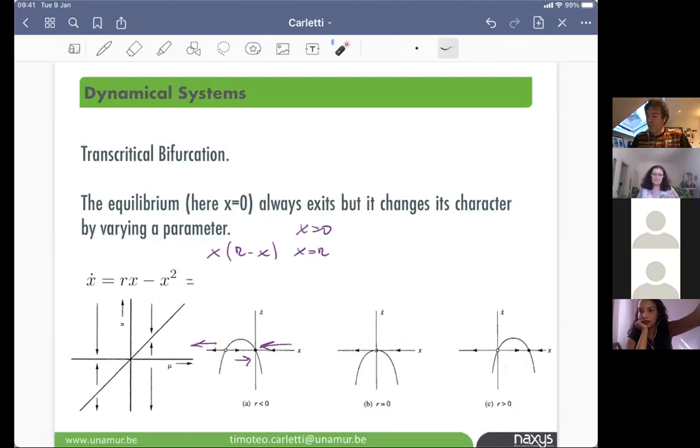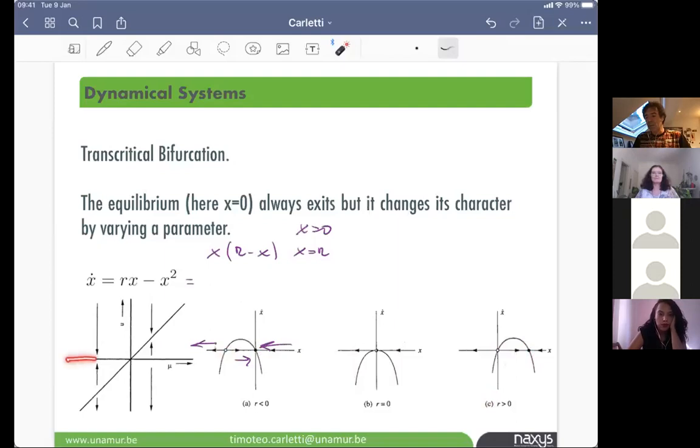You are in this case over there, where again, you just pass through the origin. And once r is positive, then you still have 0 as an equilibrium, but now it becomes unstable, while the other equilibrium, which is now x equal to r positive, is stable. So in some sense, you have two equilibria that collide and pass through. This is a bit the idea.